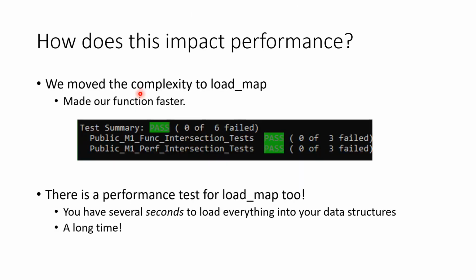Then if you run the tester again for the intersection test, it will pass both the functionality and the performance. Just note that there is a performance test for load map as well, but it will be in a few seconds, so it's a long time, so that you can have enough time to load your data structures, but just make sure it's not too long.